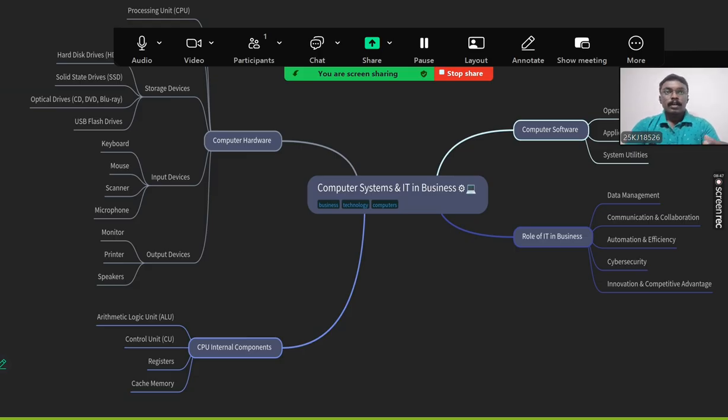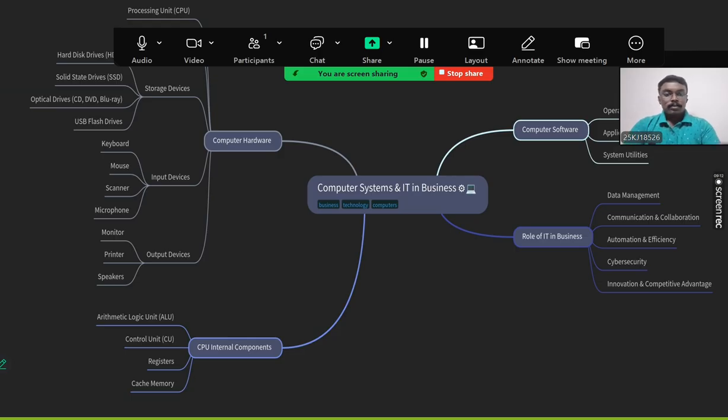Like I told you, the scanner converts physical documents into a digital format, and that digital format can be reconverted into physical documents through the printer. Speakers are devices used mainly to produce sound and hear music. When we use a computer, speakers are very important while watching a video, playing music, watching movies and so on.